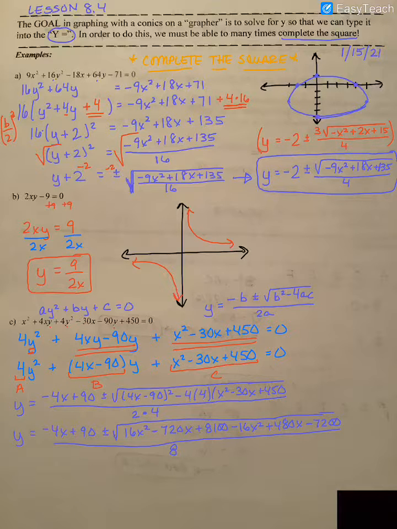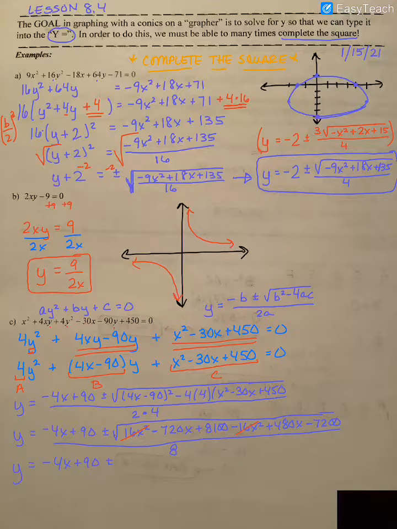Okay, if you look under that radical, there's some definite cleanup that can be done. So I still have y equals negative 4x plus 90 plus or minus, and then under that radical, notice what happens. 16x squared and 16x squared can cancel.